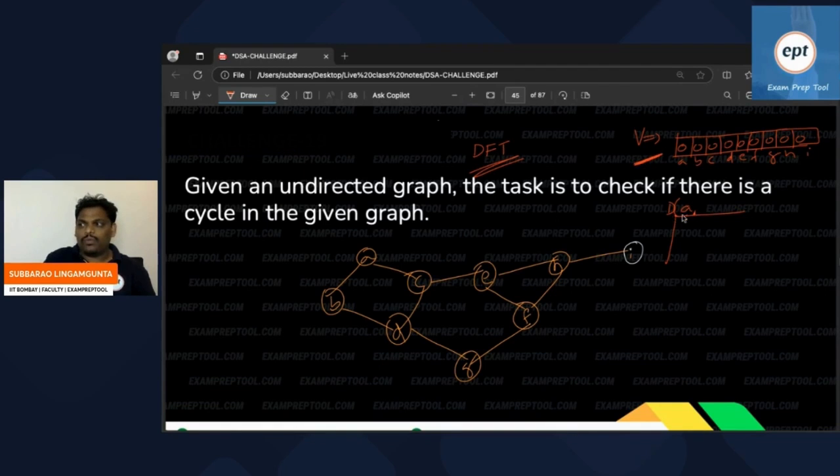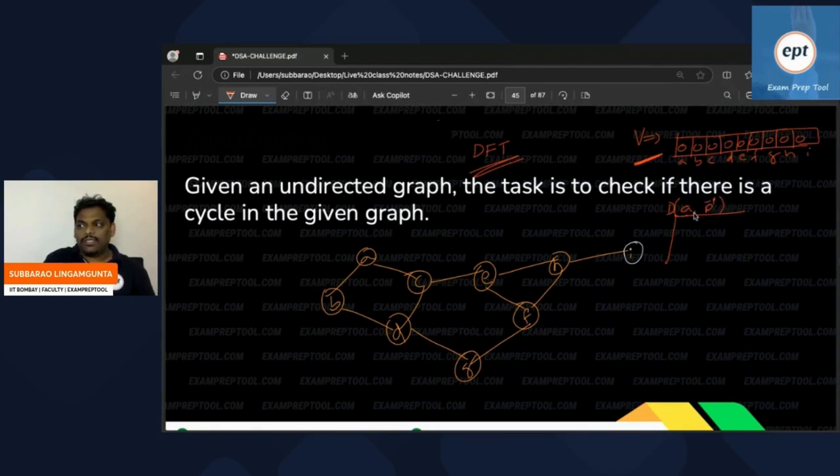I also have to say what the previous of A is. Let us assume that the previous of the starting node is -1, initially.